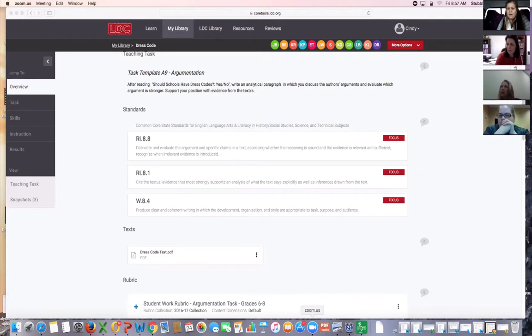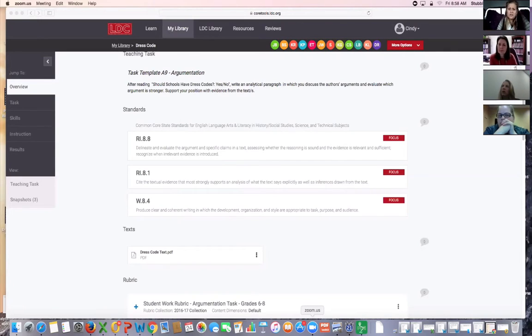Mm-hmm. I wonder too about the clarity part of having some of that language in the task as well. They're evaluating which argument is stronger, but without knowing what that criteria is, could a student interpret it that they just agree with it more? Obviously, if your mini tasks support it, you'd hope they do that.